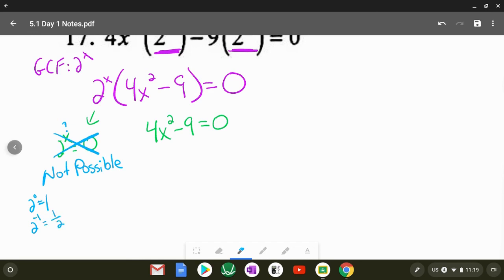So it's not possible to have a value for x in this case that causes that left side to equal 0. So that left side doesn't work, but we do still have a second half of this equation. We can solve this one. x squared equals 9/4. Square root, don't forget it is plus or minus 3/2.